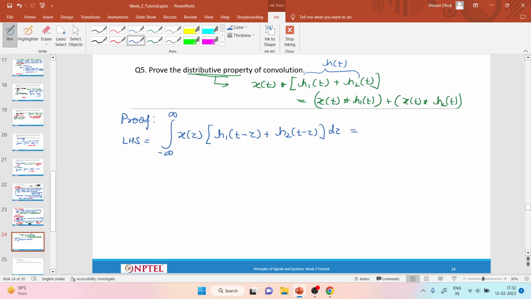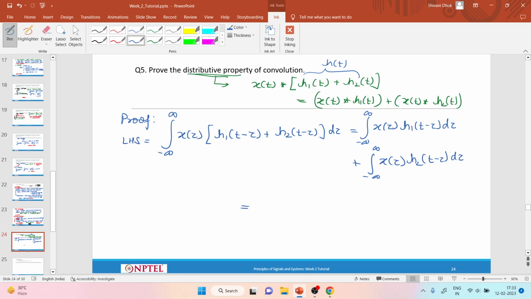So we can separate out these integrations, something like this: integral from minus infinity to infinity x of tau h1 of t minus tau d tau, plus integral from minus infinity to infinity x of tau h2 of t minus tau d tau.